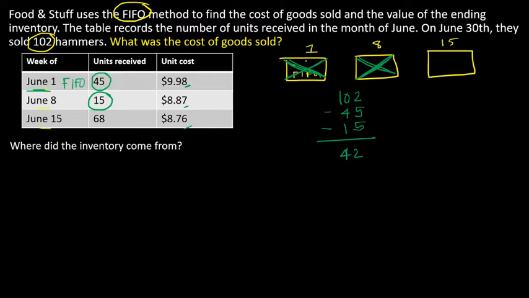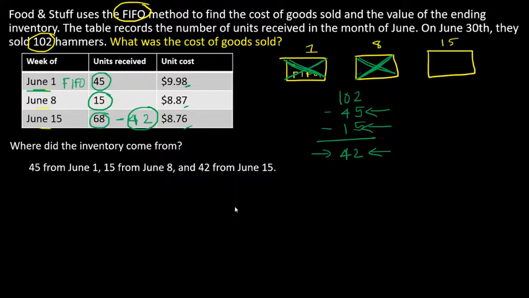So next, my June 1st and June 8th boxes are empty. I go to my June 15th box, okay? I still need to give them 42 more hammers, so I'm going to give them 42 hammers from June 15th. So they're getting 45 hammers from the June 1st box, 15 hammers from the June 8th box, and 42 hammers from the June 15th box.